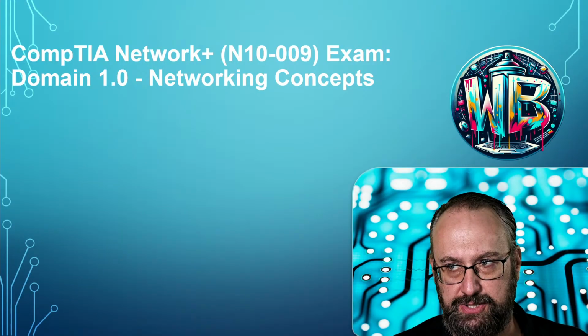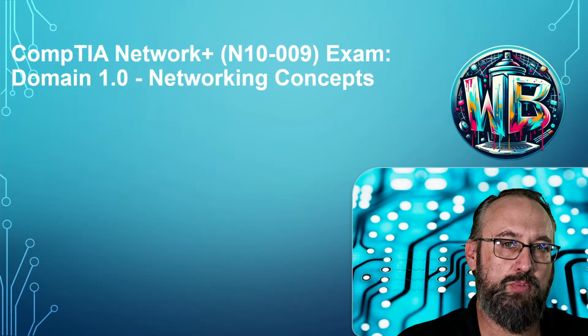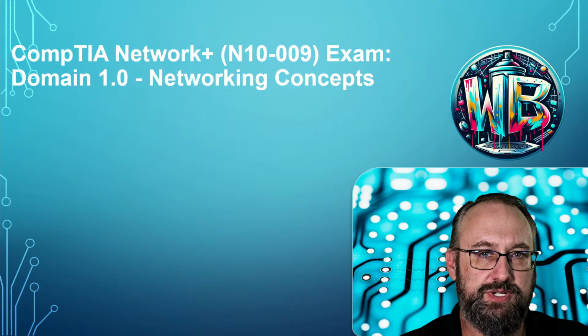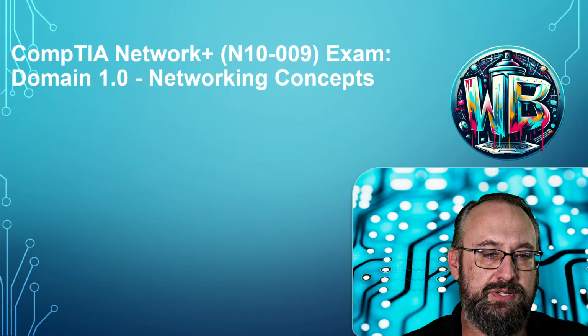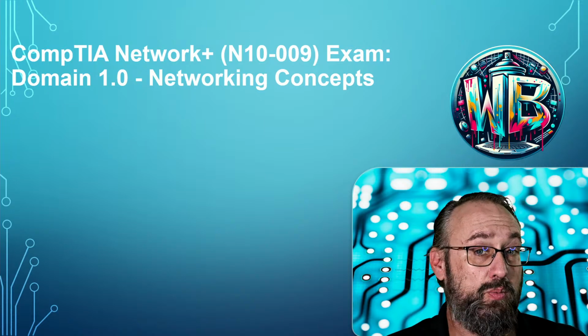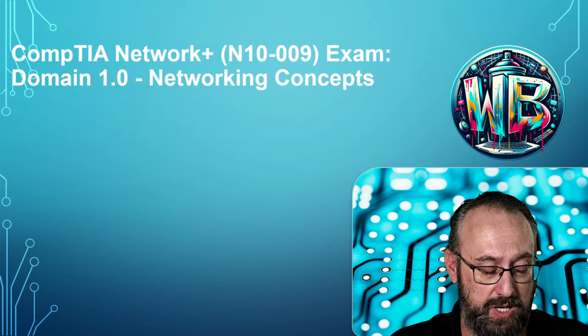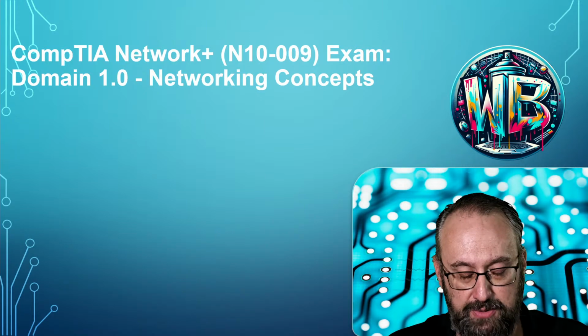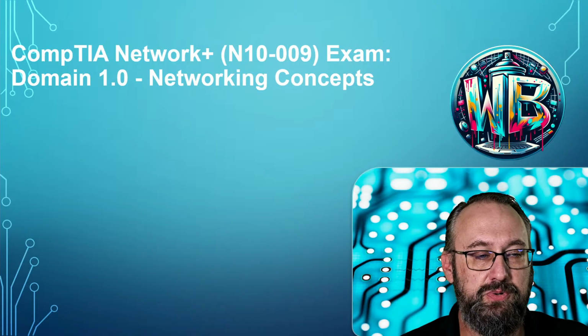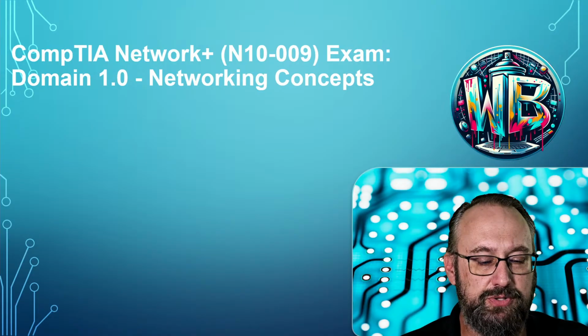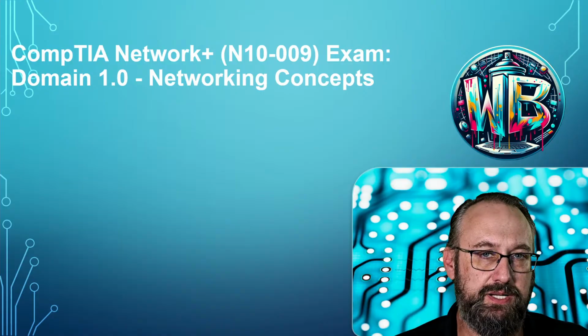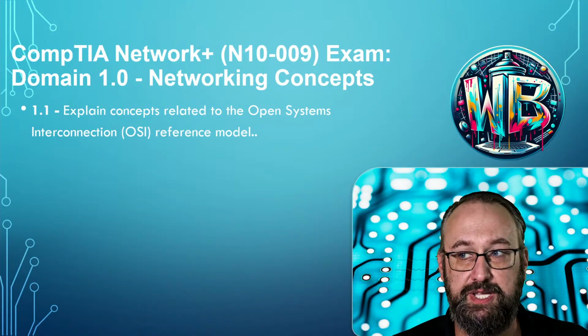So when we look at the very first domain, like we mentioned more towards the beginning of the live stream, we talked about domain 1.0 being network concepts. Network concepts breaks down to a few different objectives. The very first one is going to be knowing a little bit about the OSI model.